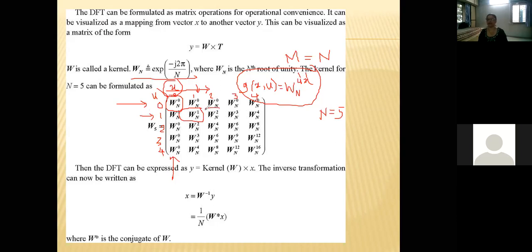If we move to the next term, x is 2, u is 1, so it becomes Wn raised to 2. At this position, x is 3, u is 1, 1 into 3 is 3, so we get W3n and so on.